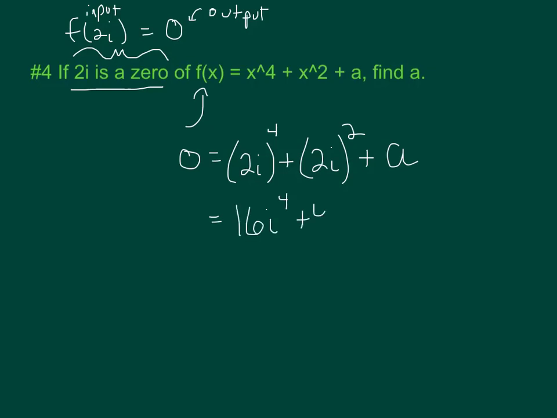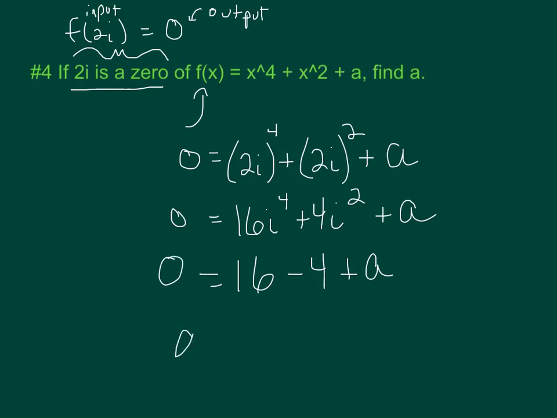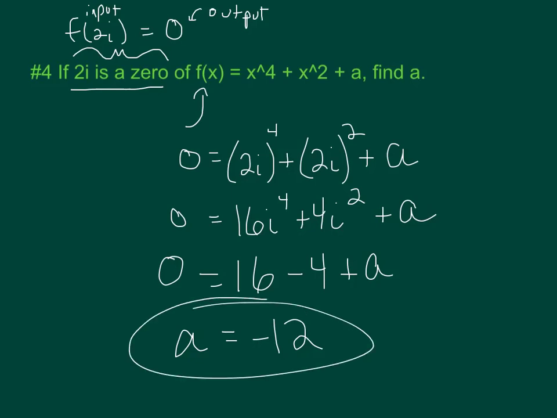That really says 4i squared. Well, 16i to the 4th is 16. i squared is negative 1, so that's minus 4. Check me on that. Make sure you understand that. Well, that just means a must be negative 12. Boom. That's simple. Not a hard problem.